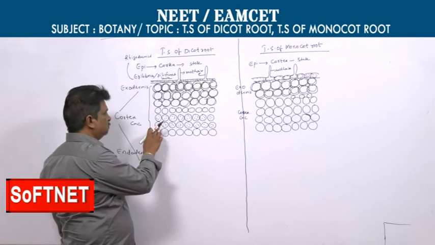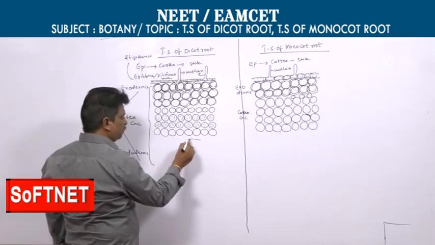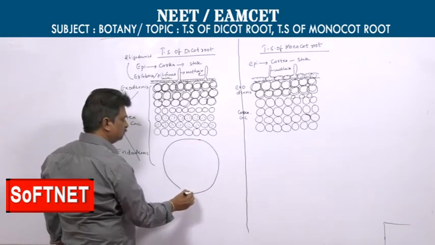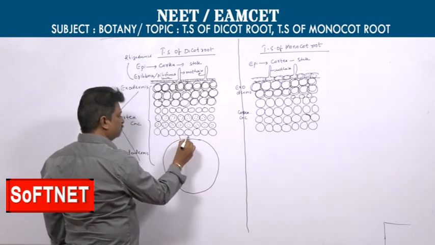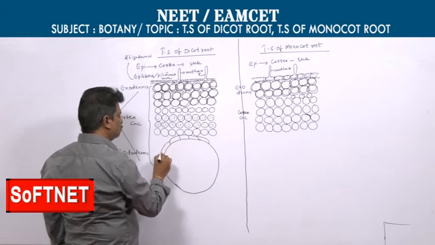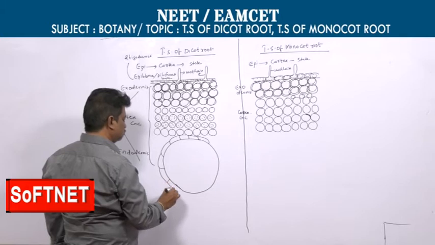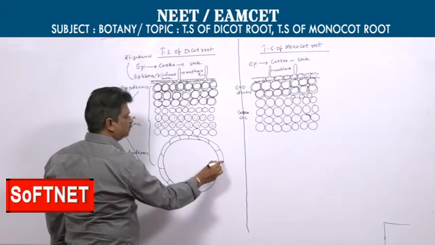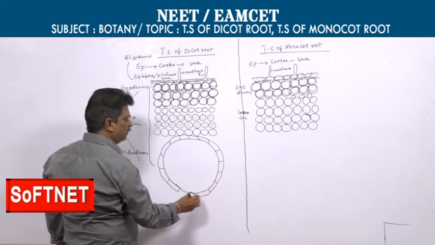Now, next one, endodermis. The innermost layer of cortex is called endodermis.